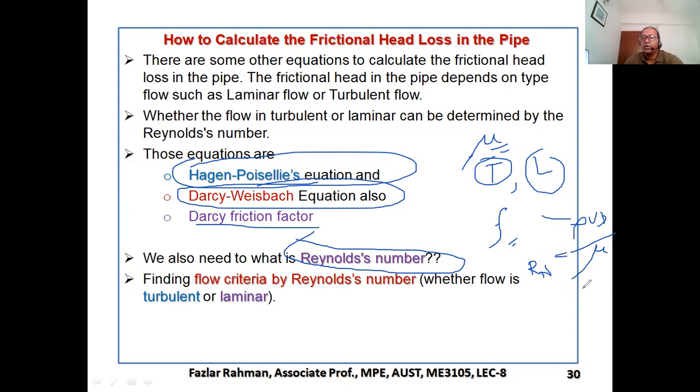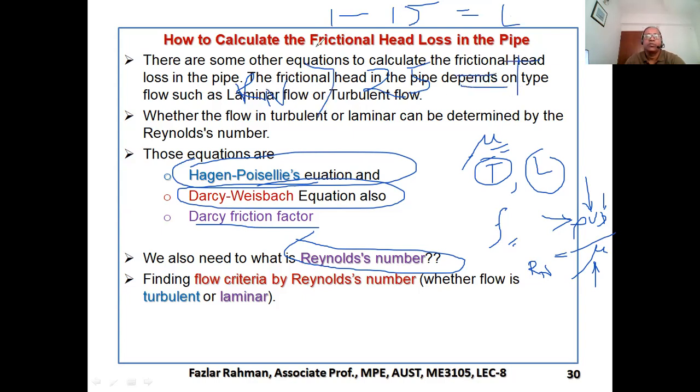Rho is the density of the fluid, mu is the dynamic or absolute viscosity of the fluid, V is the velocity of the fluid inside the pipe, and D is the pipe diameter. After you figure out the number, you need to decide from it whether the flow is turbulent or laminar. For example, you can say if Rn is 1 to 10 or 1 to 15, then the flow is laminar. If Rn is higher than 25, then it is turbulent.